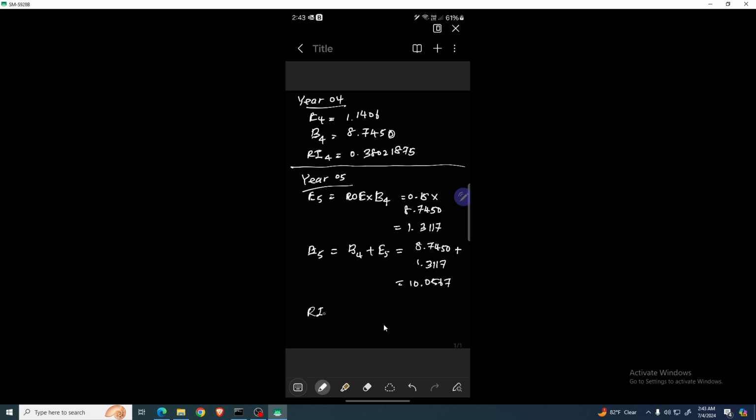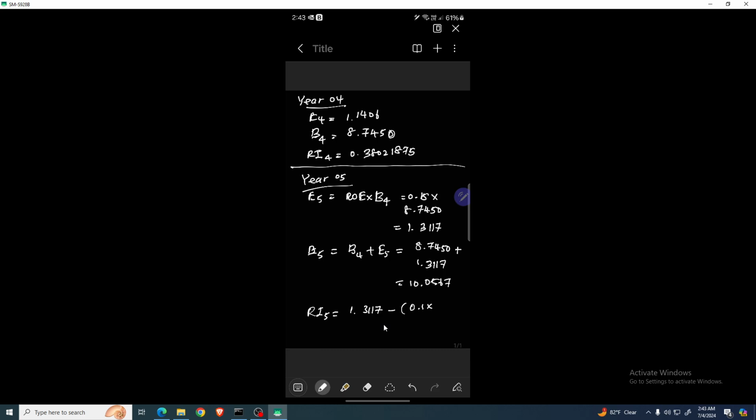then you have finally residual income for year 5. What basically you need to do is you take your earnings, that would be 1.3117, minus return on equity, that would be 0.1, into your what?